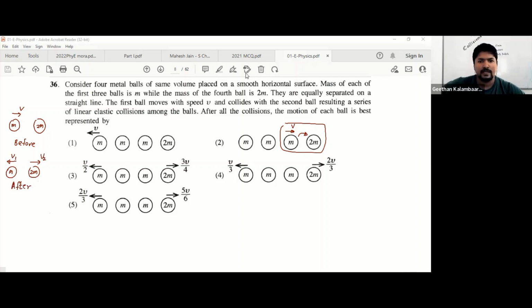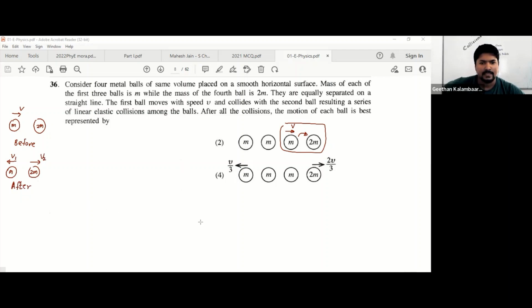So I'm going to get some space here, so I'm going to erase these answers. Right, so let's apply equations. First of all, I'd like to apply conservation of linear momentum.